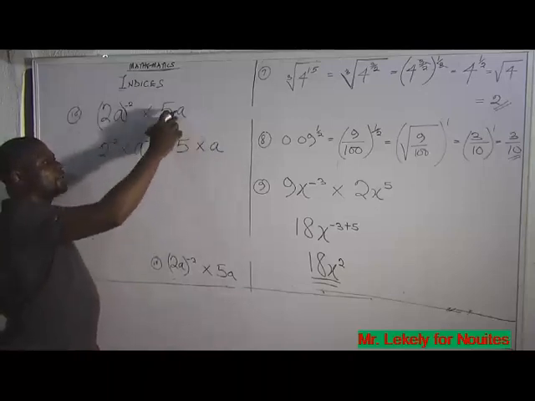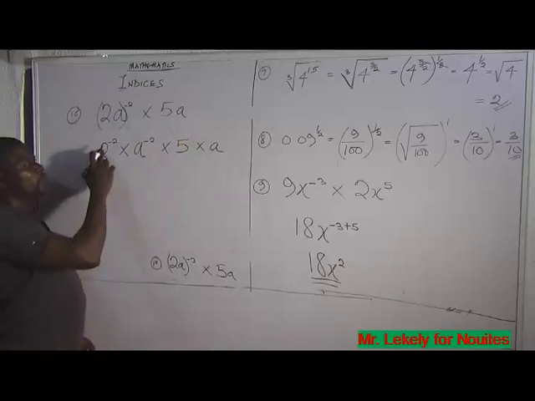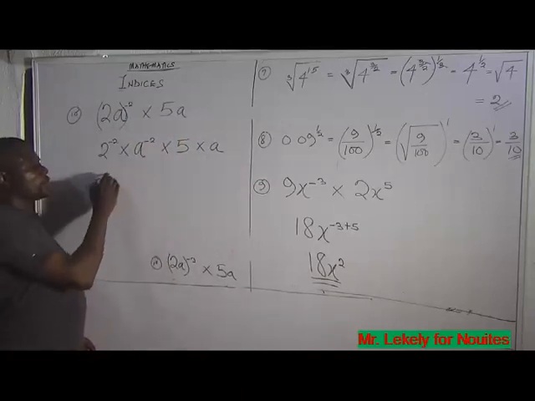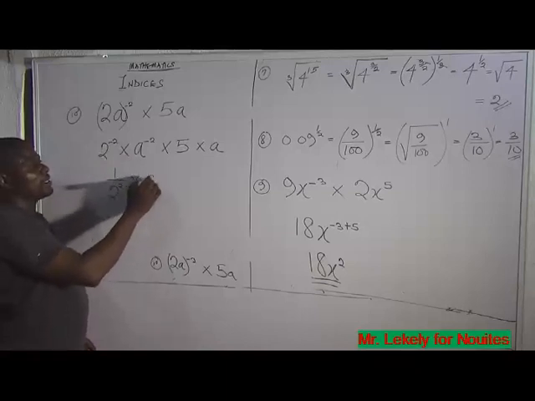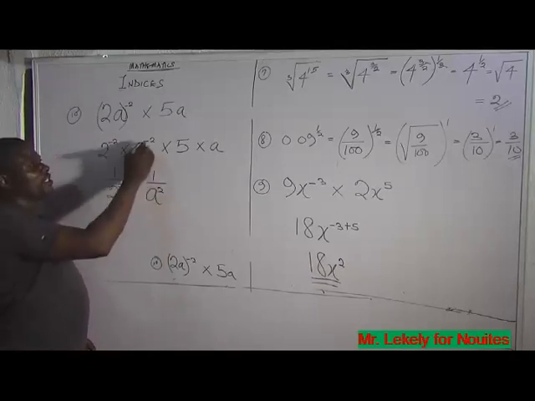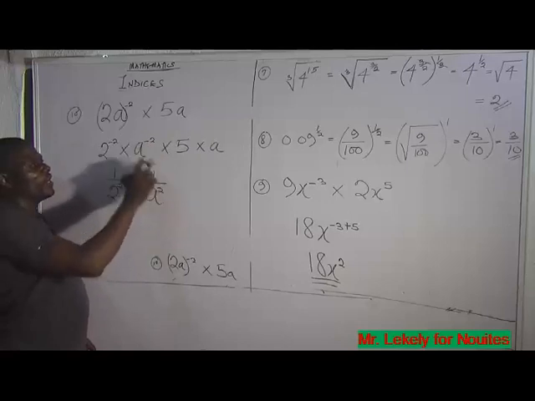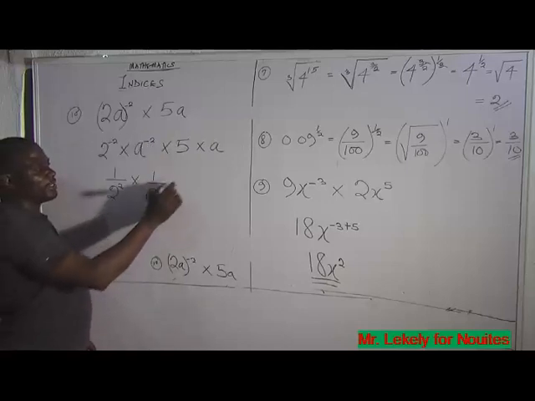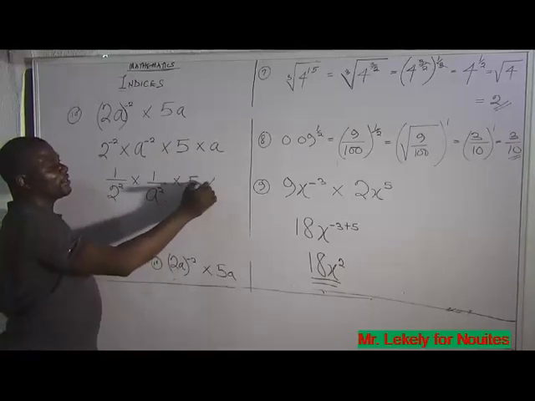Because 5 times a will give me 5a. Now this 2 raised to power minus 2 is the same thing as 1 all over 2 raised to power 2, times this one is the same thing as 1 all over a raised to power 2. This minus will change to 1 over, then the a squared will come under it, times 5 times a.